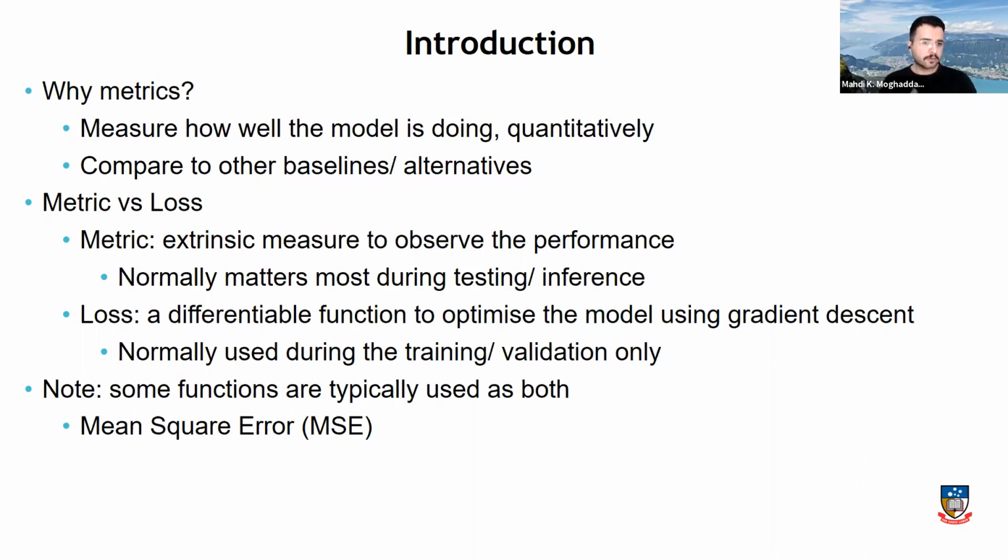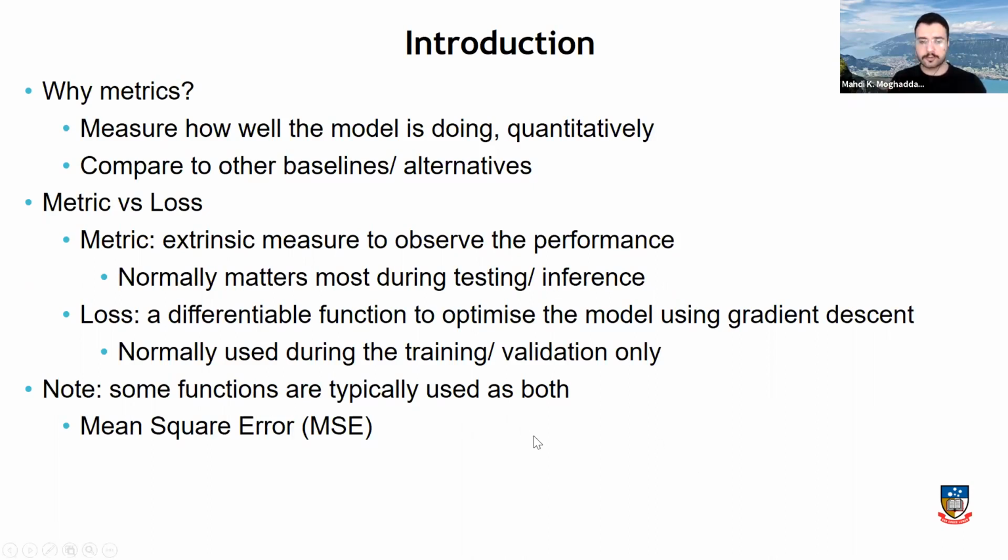One thing that we need to clarify here, it's very important. Sometimes there's a bit of confusion around these two: metrics versus loss. In most machine learning algorithms, we normally have a loss function that we try to optimize in order to find the best parameters.